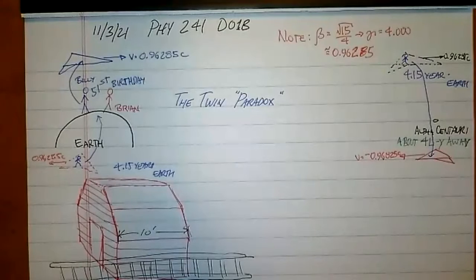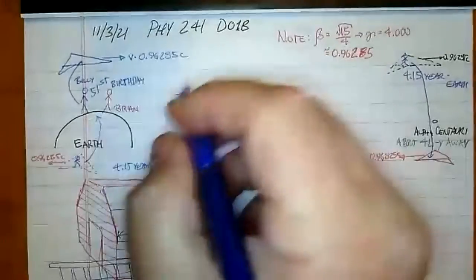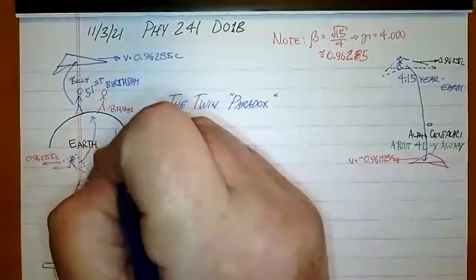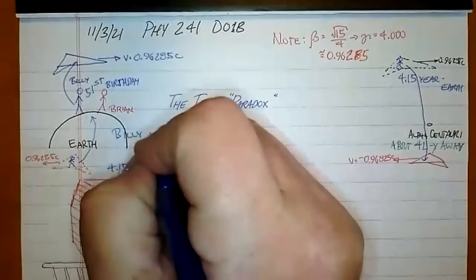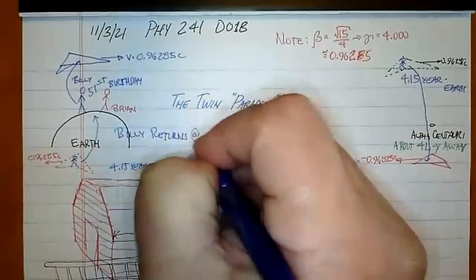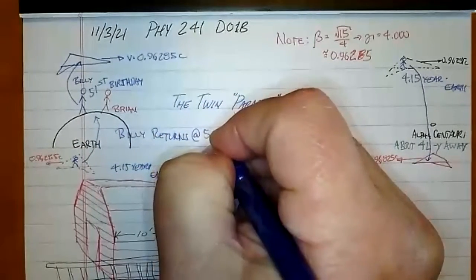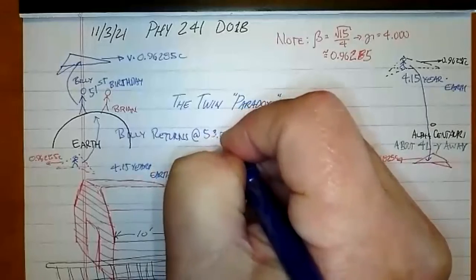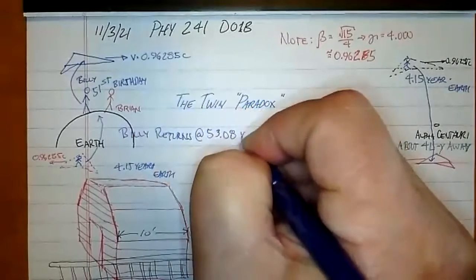But because my time dilation factor was 4, that means my age is going to be that divided by 4. So in fact, I'm now 53.07 years old. So Billy returns at 53.08 years old.